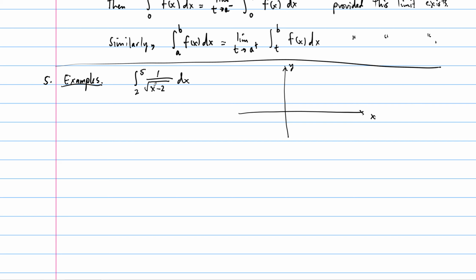It's approaching from the right, so it's close to 0 on the positive side, and that means this is going to have a vertical asymptote at x equals 2.